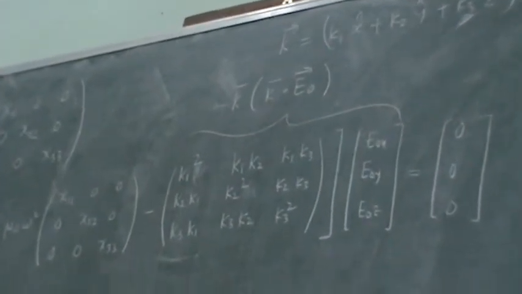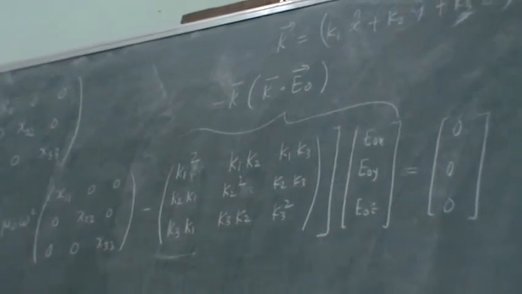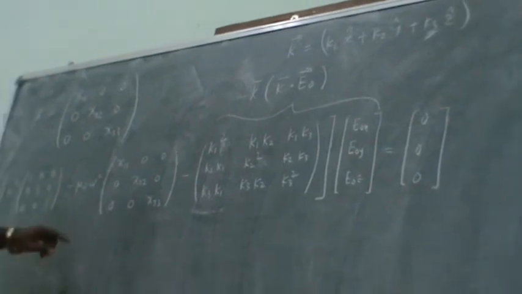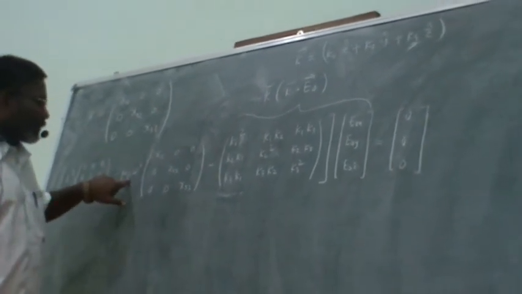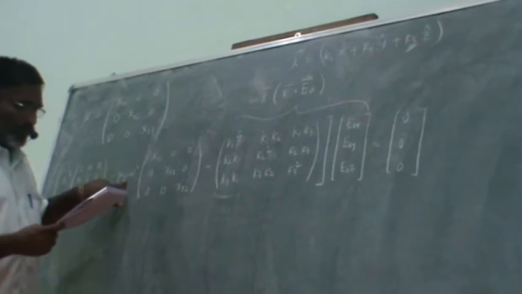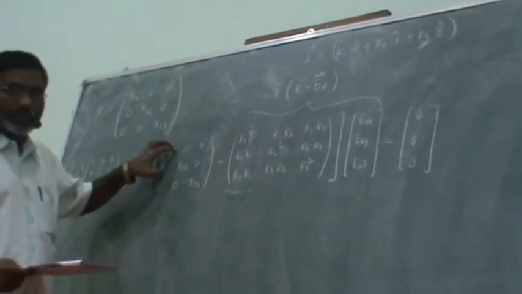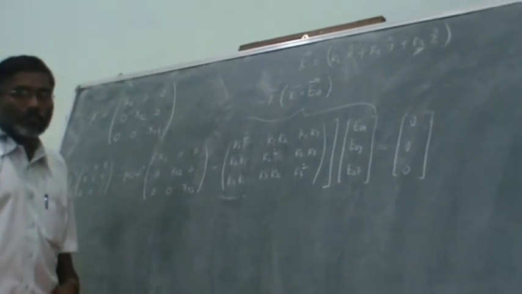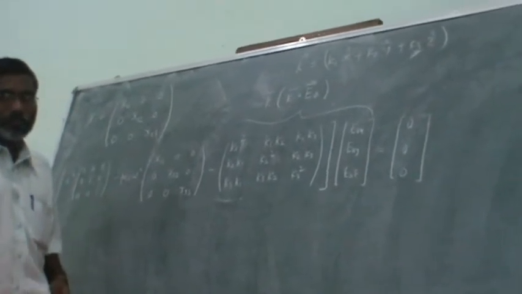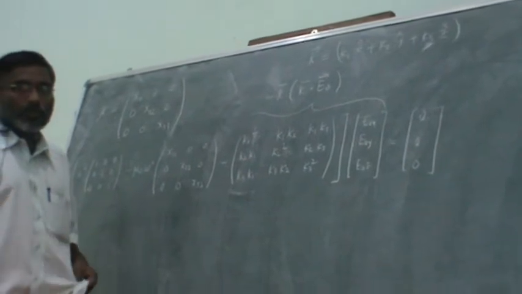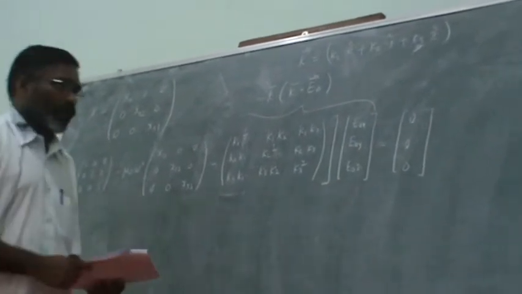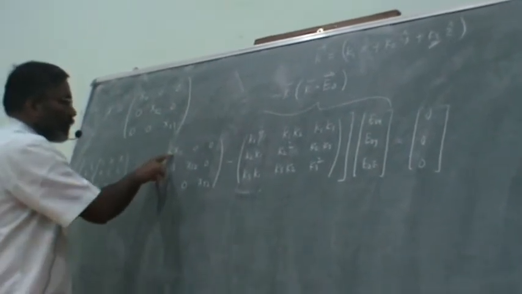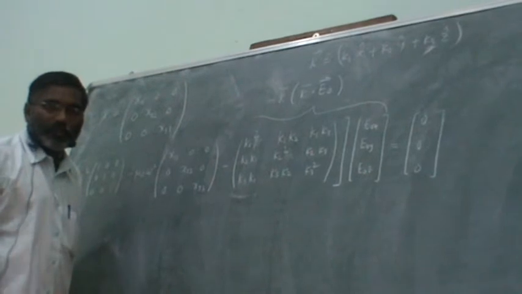Earlier we were having one term, k square minus mu 0 omega square. That is here, right? That is mu 0 omega square into chi. Chi is this. So when chi is 0, we are having one term, k square minus mu 0 epsilon 0 omega square. Okay, so that is essentially I absorb that epsilon in this.